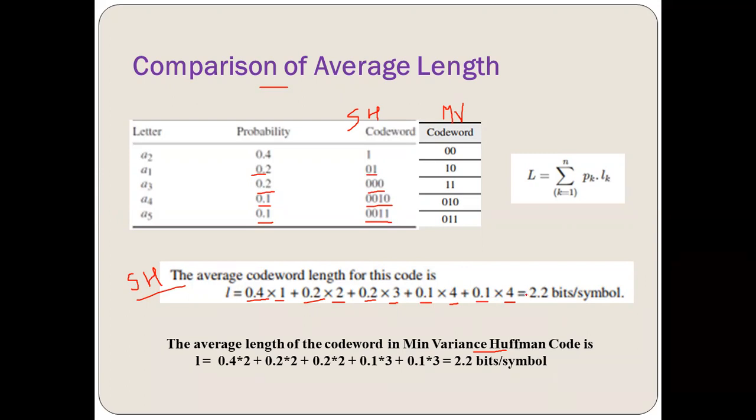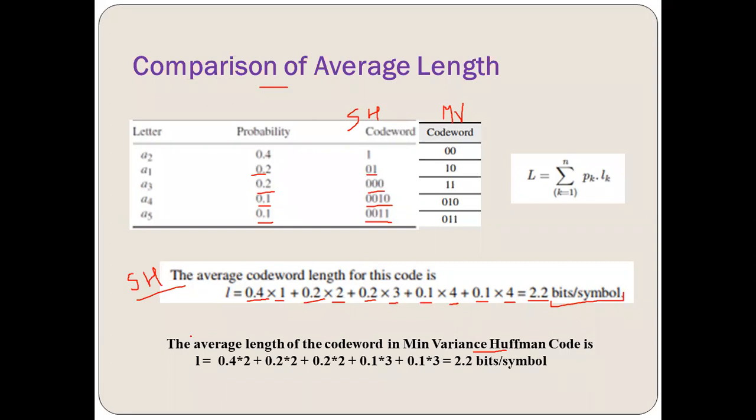After calculating, we get 2.2 and the unit is bits per symbol. This is the unit of average length. So this is the average length we have got with the help of standard Huffman code.